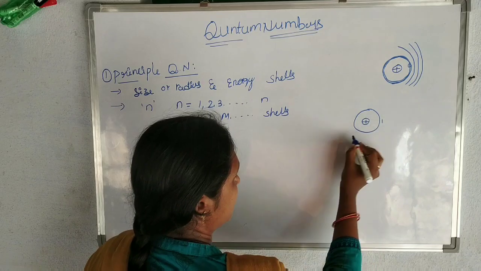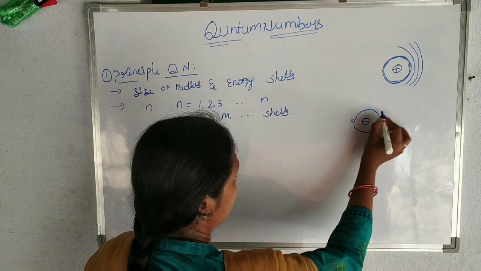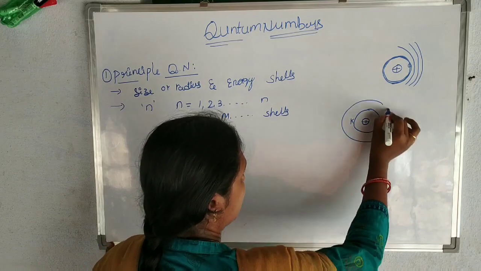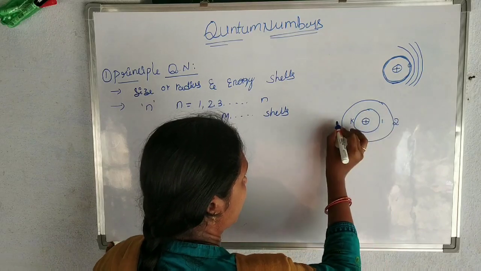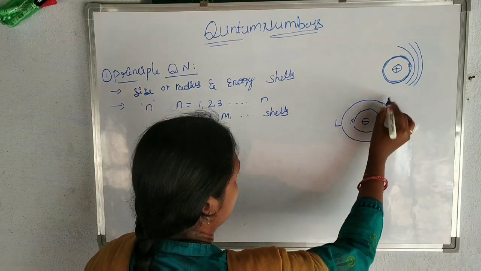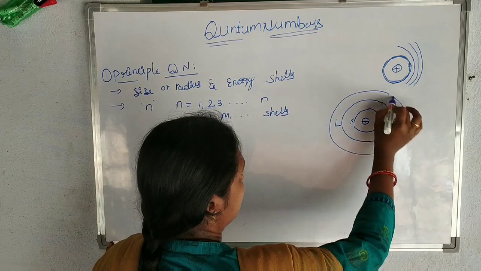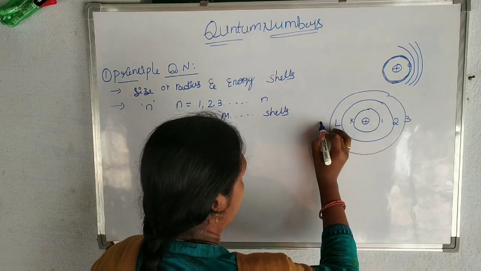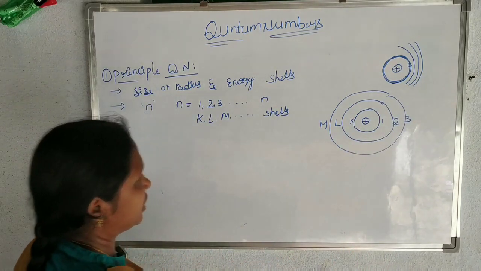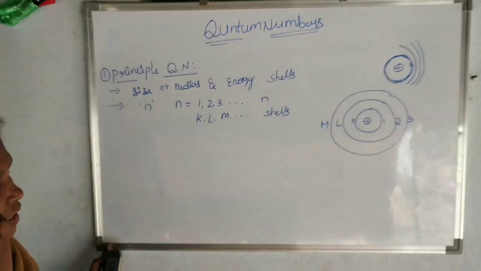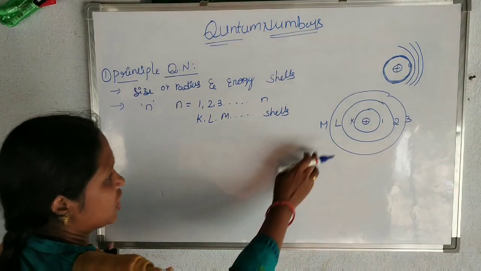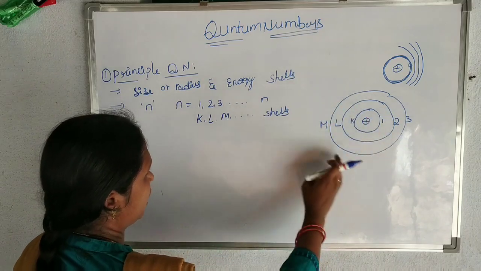This is the first shell or K shell, the second one is the second shell or L shell, and the third is the M shell. Like that, there are infinite energy level shells around the nucleus.